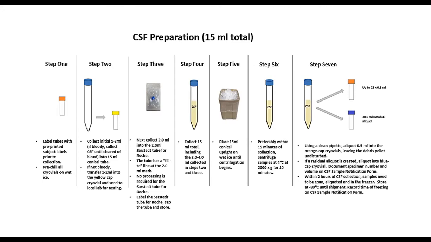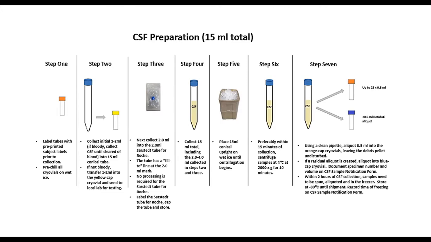After you take care of getting the clear collection and sending off some CSF for your local lab, the next collection you will do is to collect directly into this 2 mil Sarstedt tube. This is a primary tube, so don't collect into a conical. You will collect directly from the LP into this tube.